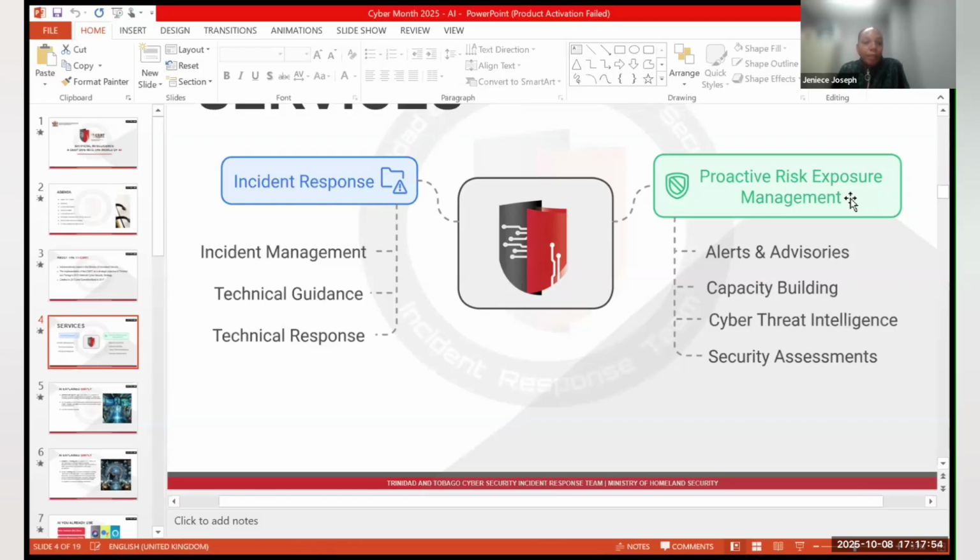In terms of technical response, like I said before, it's basically where we provide our highly trained cybersecurity professionals to go in and assist with an incident. On the proactive risk exposure management side of things, we have 4 different areas that we focus on. So the first is alerts and advisories. Within the last 2 years or so, we started to issue alerts and advisories to members of our community. So if we see a particular threat actor, that's the name we use for the attackers. Threat actor is the correct name used in cyber.